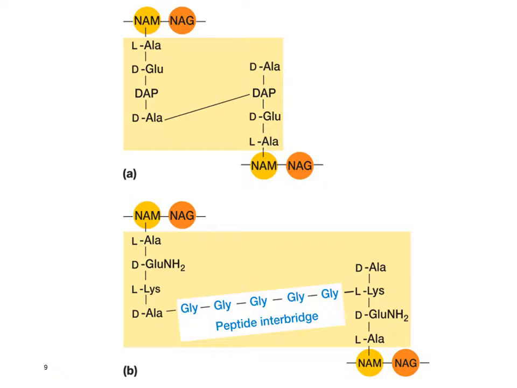That is just a short peptide which consists of 5 glycine amino acids linked together, and this interbridge, if you like, connects the alanine from one peptidoglycan subunit, the one on the left, to the lysine amino acid of the second peptidoglycan subunit. And this is what is observed in Staphylococcus aureus peptidoglycan.